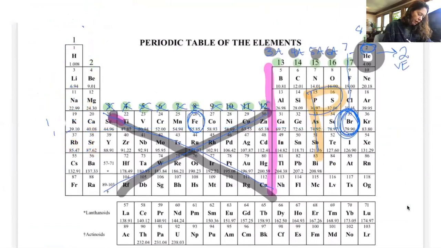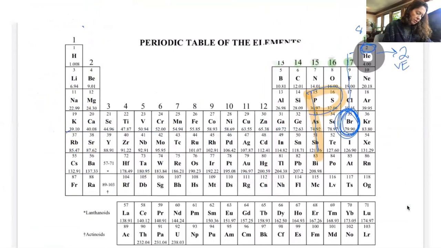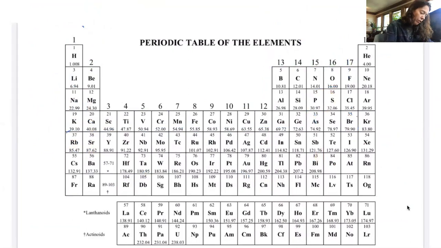So I'm looking for the element that has 5 valence, and those 5 valence are located on the fourth energy level. Well, I know everyone here has 1 valence electron, 2 valence, 3 valence, 4 valence, 5 valence, 6 valence, 7 valence, and 8 valence, with the exception of helium. So I know that one of my elements is in here, because those are the elements with 5 valence electrons.